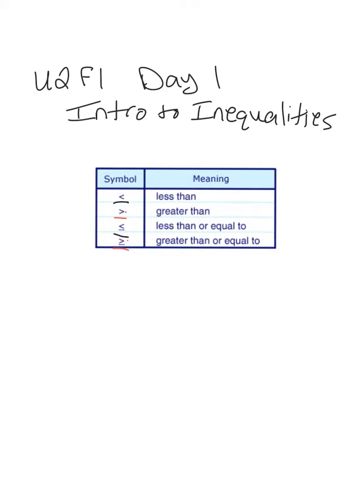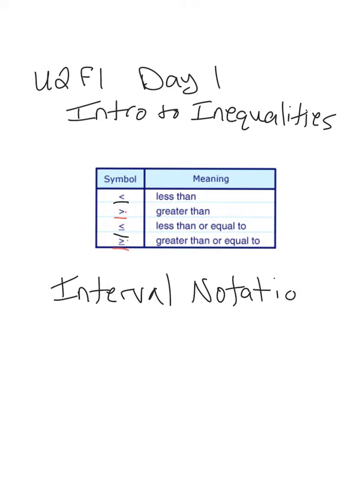Another thing you need to know is interval notation. Interval notation is just another way of describing the solution or the solution set. So examples that you could have are solution sets with brackets.